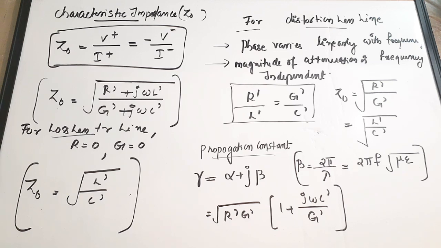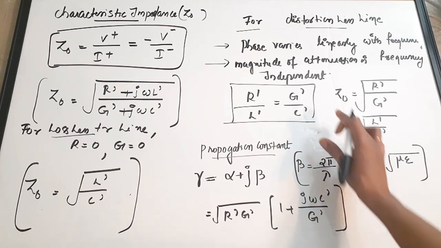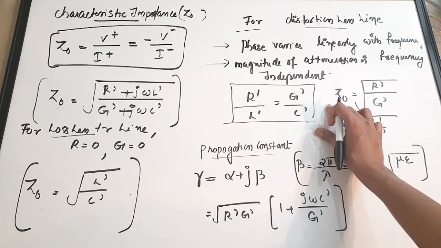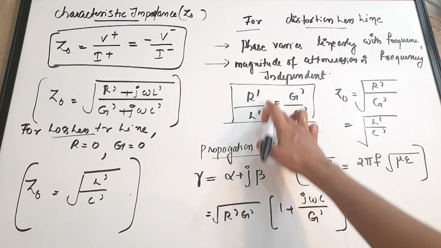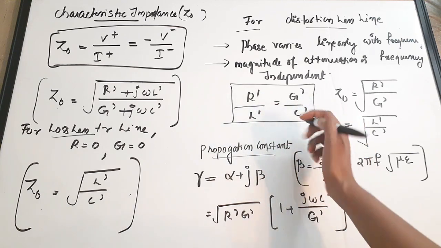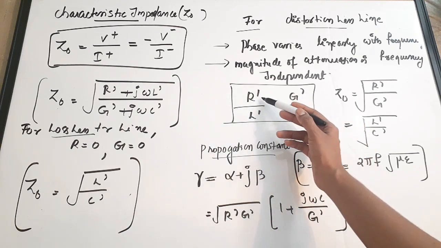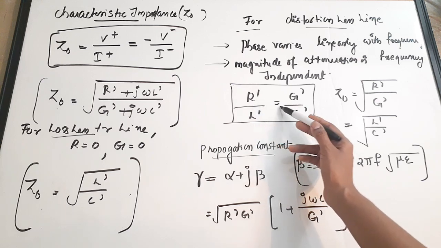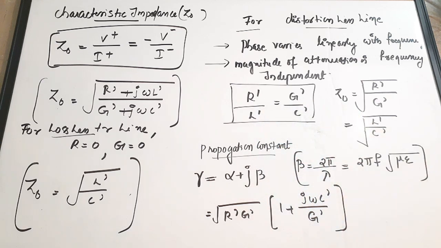That is, even though attenuation is happening, if it is independent of frequency, you can call the line a distortionless line. And the condition for a distortionless transmission line is that R' by L' is equal to G' by C'. That will be the relation for a distortionless line.